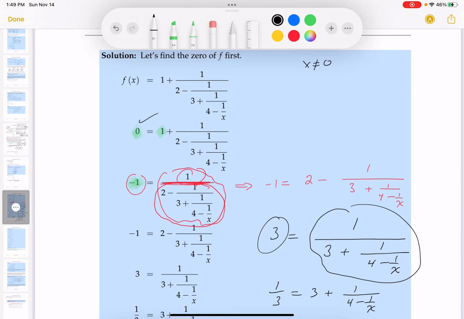The only thing I'm going to say is that x can't be 0, but 4 minus 1 over x can't be 0 either. What does this mean? 4 can't be 1 over x, so x can't be a quarter.